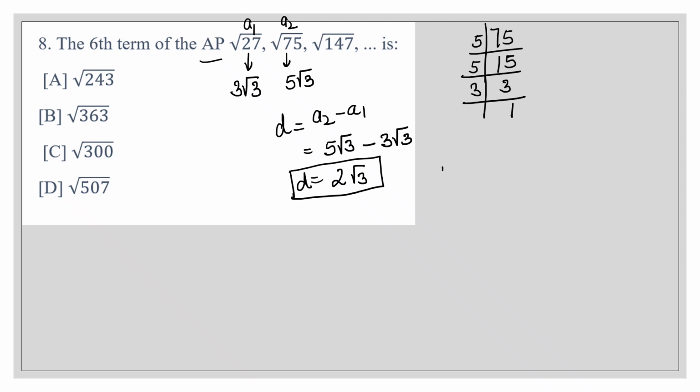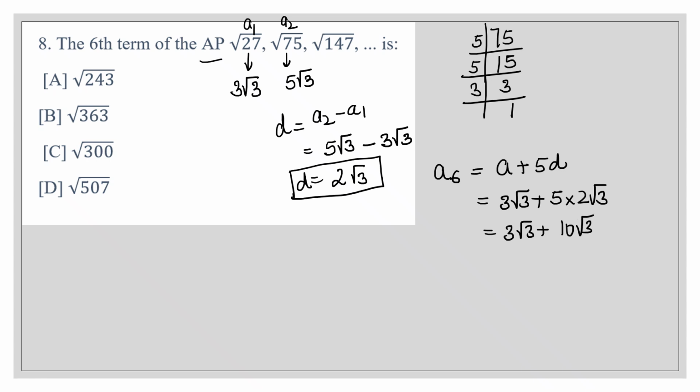Now the sixth term formula: a6 is equal to a plus 5d. a is 3 root 3, plus 5 into 2 root 3. 5 into 2 is 10 root 3. Add 10 and 3, that is 13 root 3. Now the options have everything inside the root.